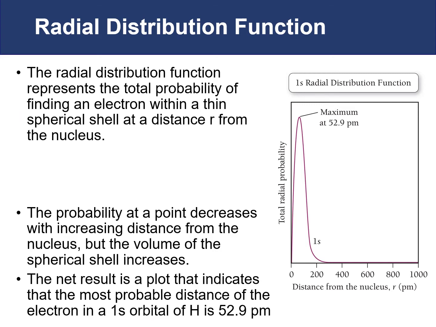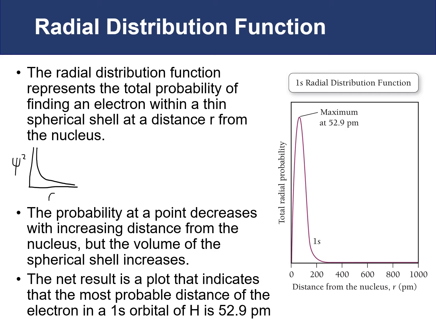We could think about this graphically. We have our original probability distribution function, which again is our psi squared from our previous slide, which looks like this as we map it out against the radius. So this is the probability along a straight line.